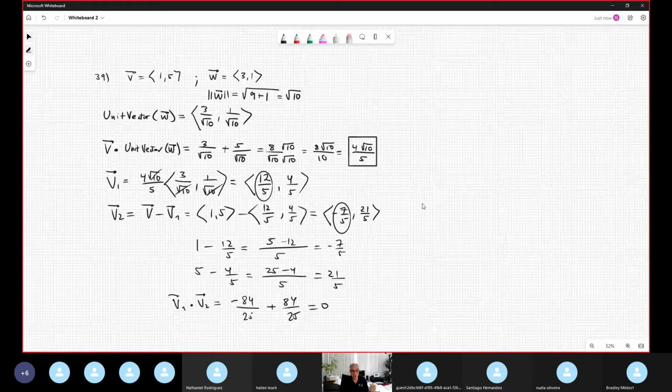Step 1, compute the unit vector in the direction you want to project. Step 2 is perform the dot product, and you have the component. Step 3 is determine B1, which is the regular multiplication, not dot product, between the component number, which is just a scalar, and the unit vector in the direction of W. Boom. And B2 is orthogonal, and you determine it by subtraction. That's it.